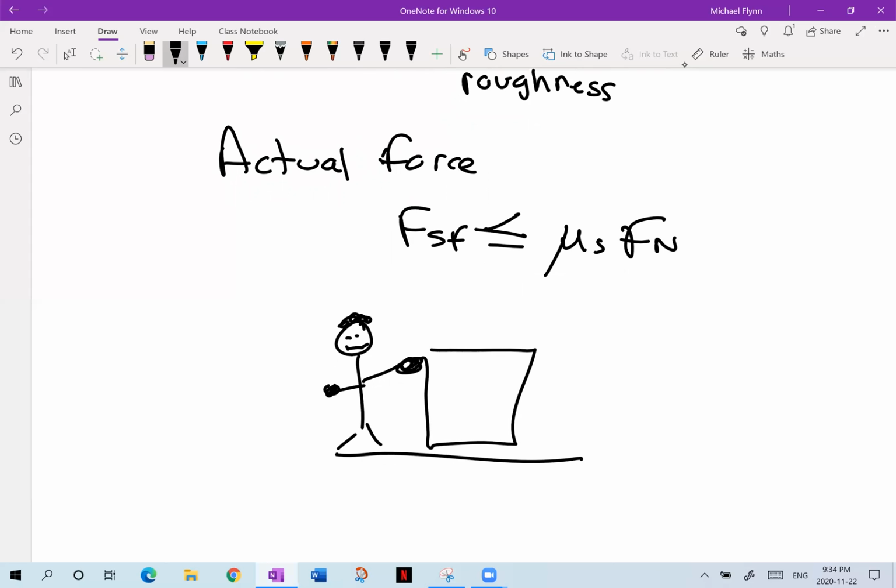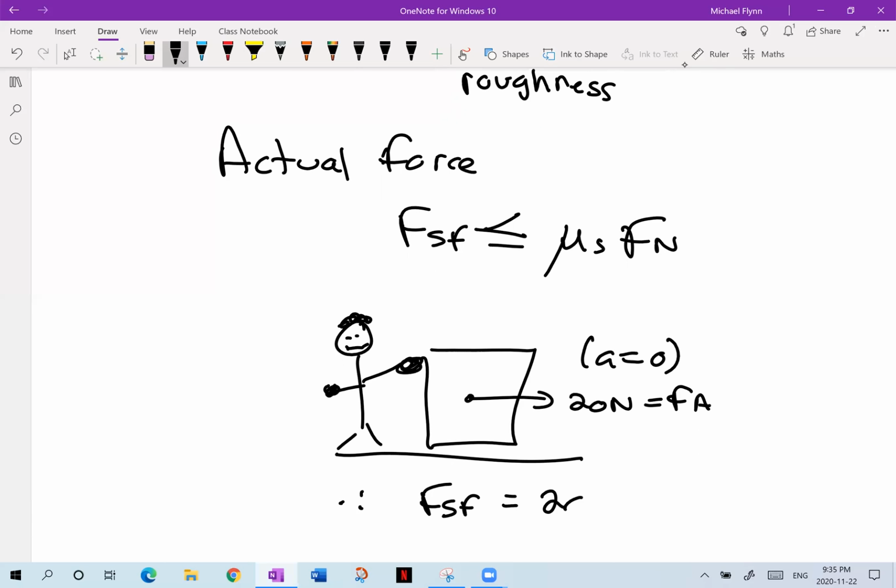Cheer up, okay? Anyway, let's say David here is pushing with a force of 20 newtons on this mass, and it's not going anywhere. So this is his applied force. And the question is, how much static friction is there? Well, there's no motion, so acceleration is 0 in this case. So therefore, the force of static friction, what's it equal to? Well, we know it's 20 newtons to the left.